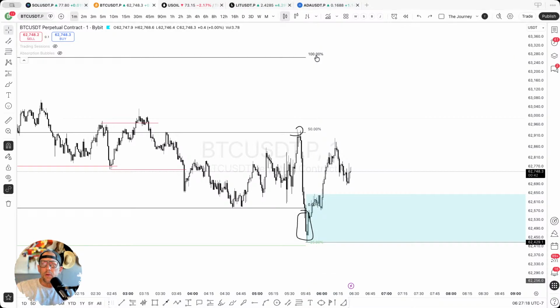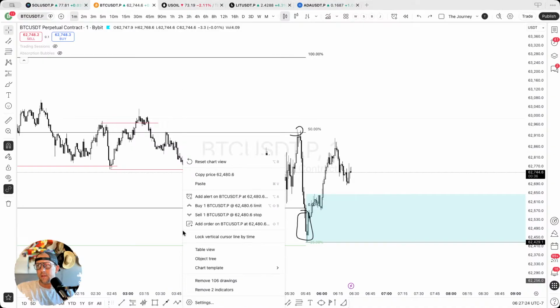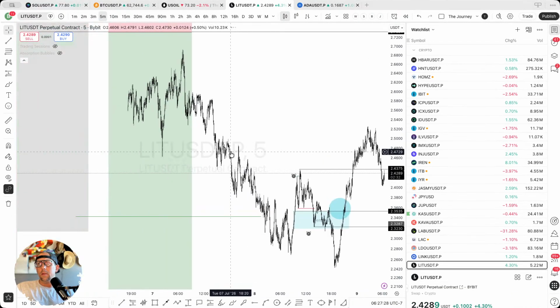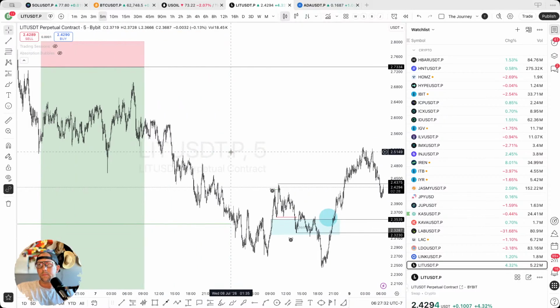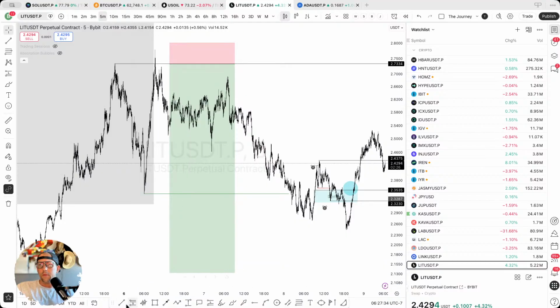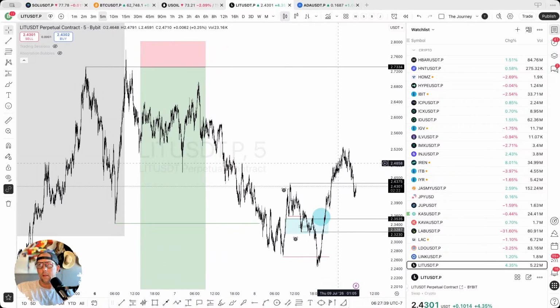I posted some altcoins that were in ranges yesterday. Let me remind myself of what those were. One was FET. It came for the low one more time, deviated that, and then came up and broke the high.